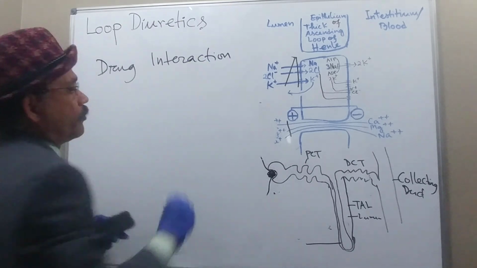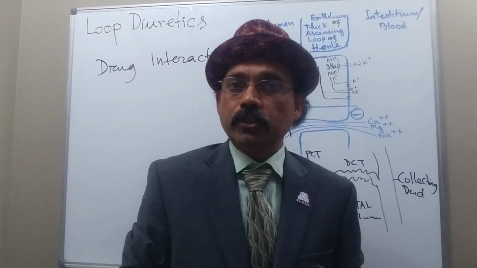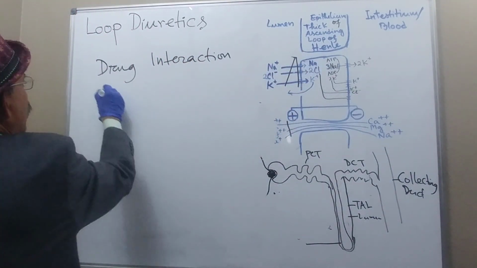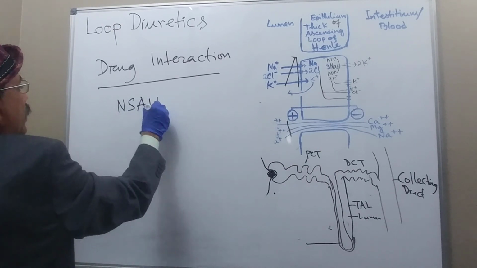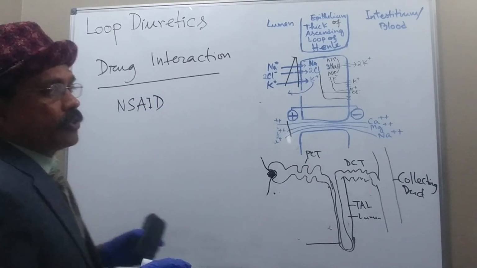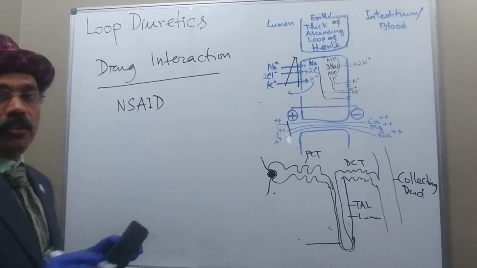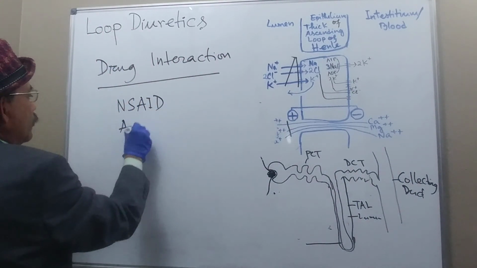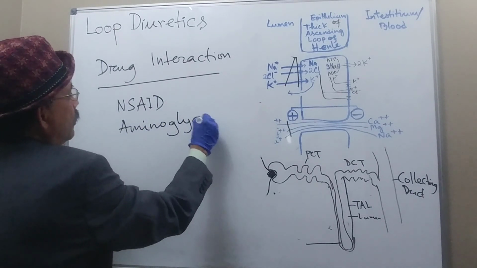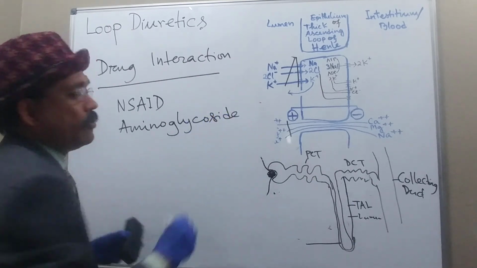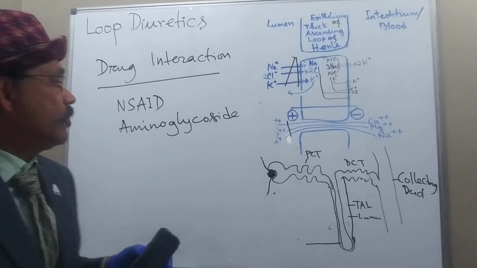This drug depends on the prostaglandin for its function and secretion. So there will be drug interaction with NSAIDs or any other drug that suppresses the prostaglandin. This drug has interaction with aminoglycosides like gentamicin, streptomycin, amikacin, kanamycin, tobramycin.